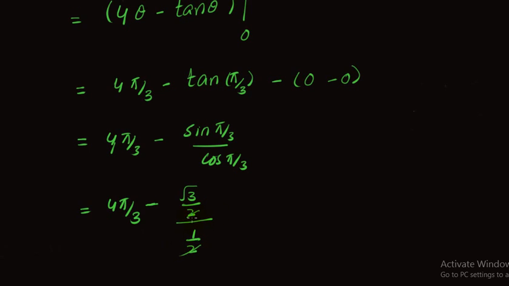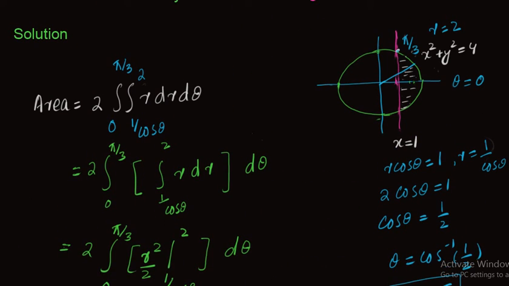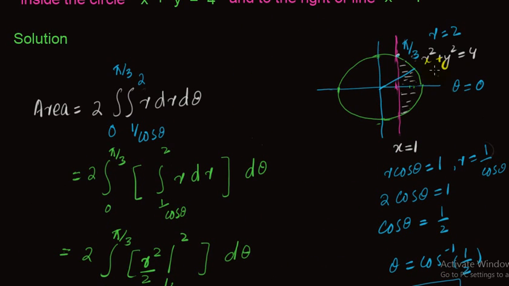So 2 is cancelled out here. This is equal to 4 pi by 3 minus root 3. So this is our required area of the region that lies inside the circle x square plus y square equal to 4 and to the right of line x equal to 1.